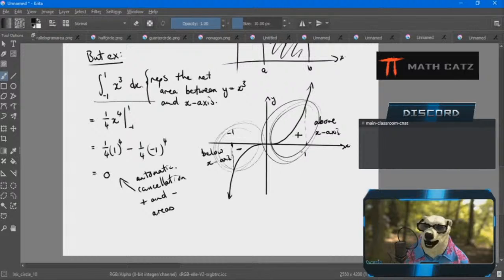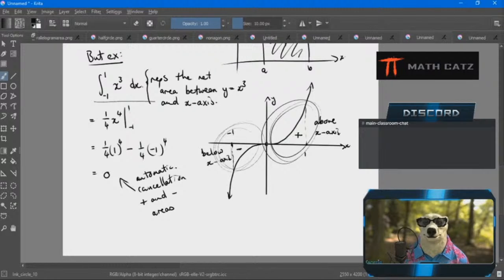You can't go to the government and say, oh, I have 0 land. My area is 0. No, you have land and you need to pay taxes and whatever. But it's because of the setup, the definite integral as a one-time calculation does not separate these positive and negative areas. We have to manually do it.